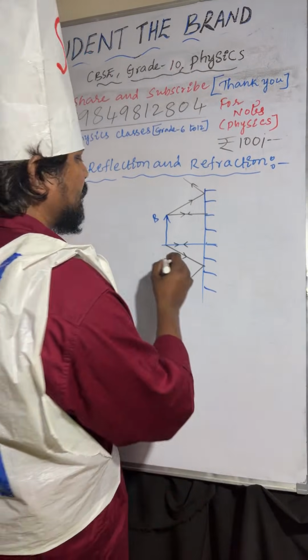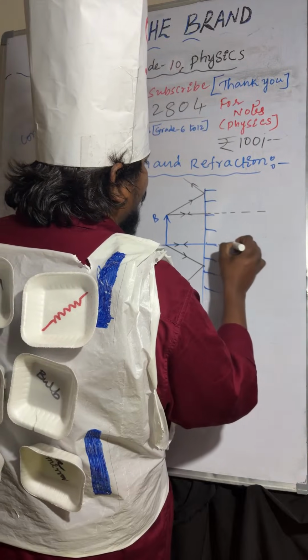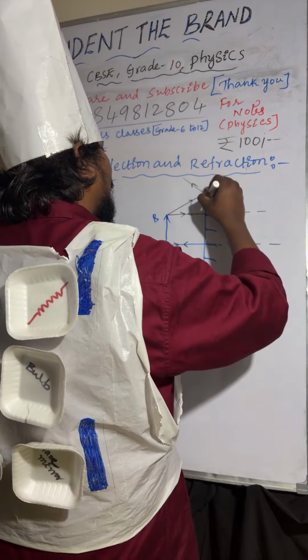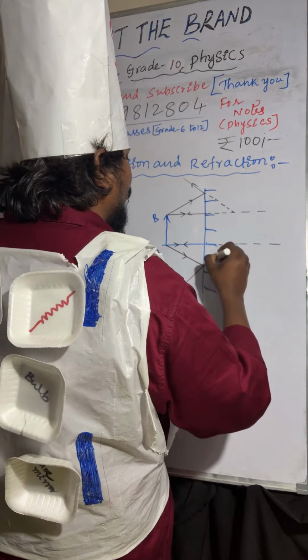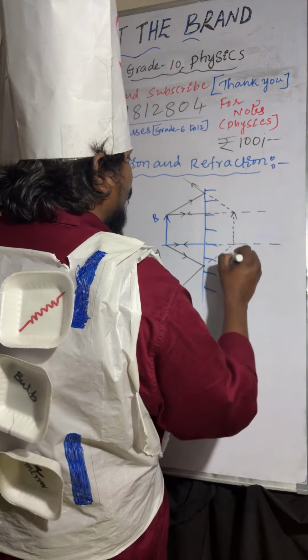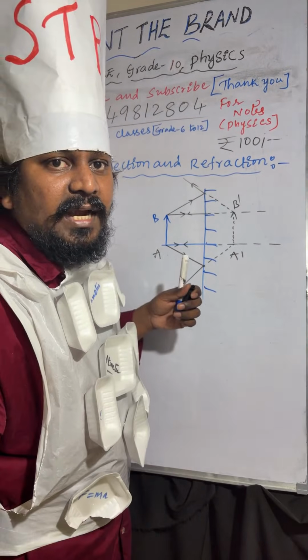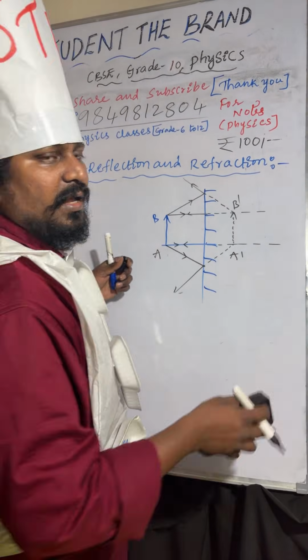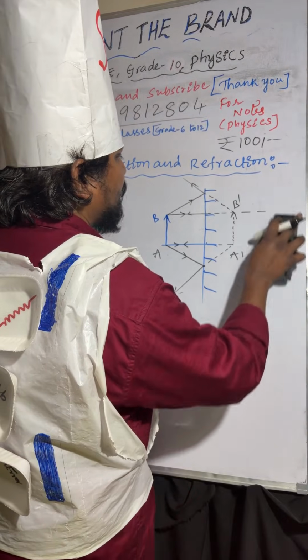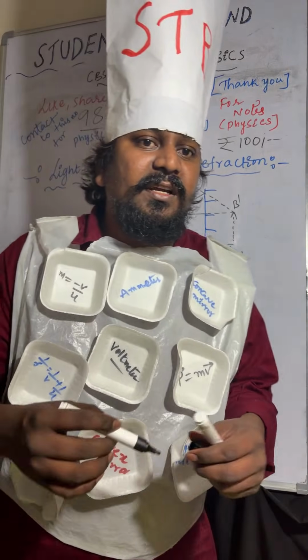So this is the object. If you extend these light rays, these extended light rays meet here. The image will form here. This is A dash and B dash. Object is real, image is virtual, as I mentioned.